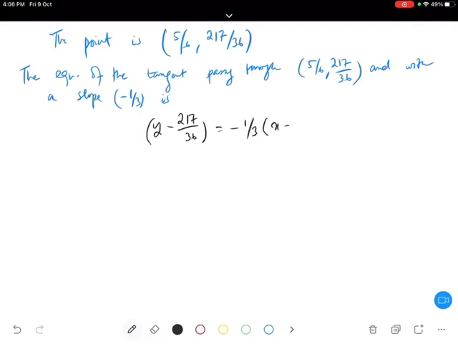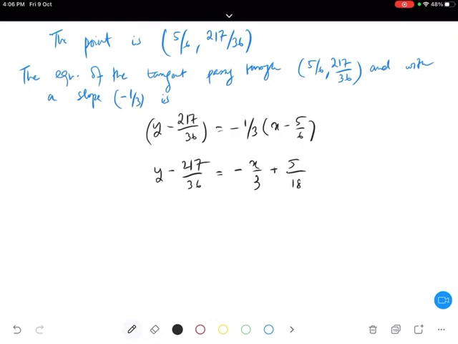Okay, so let us do one thing. First we'll simplify. Y minus 217 by 36 is equal to minus x by 3 plus 5 by 18. Let us multiply both sides by 36.